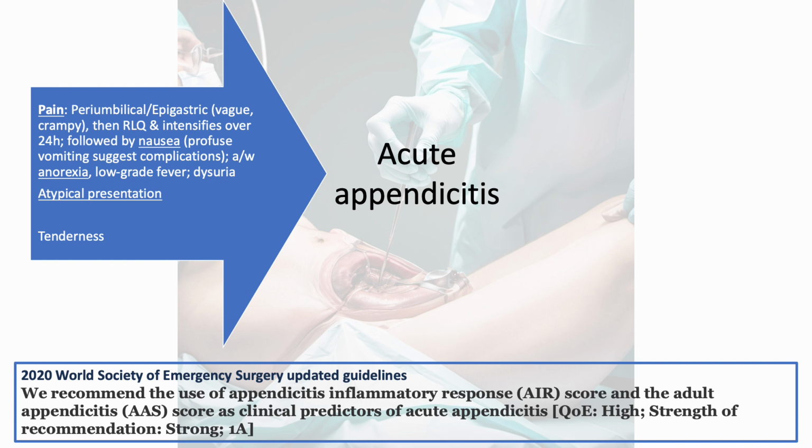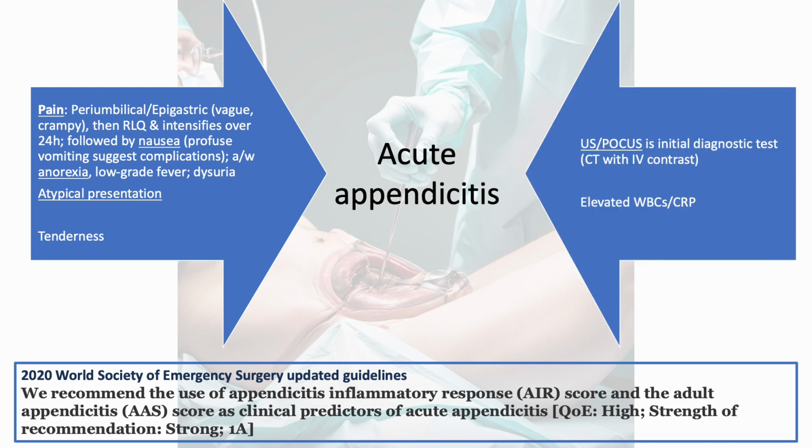Tenderness is very common on physical exam. There are a lot of physical exam findings describing acute appendicitis, like the Rovsing sign, the arcuate sign, Iliopsoas sign, and many others. Again, generally, just the tenderness is the bottom line of all these physical examination maneuvers, and it's mostly due to regional inflammation of the peritoneum.